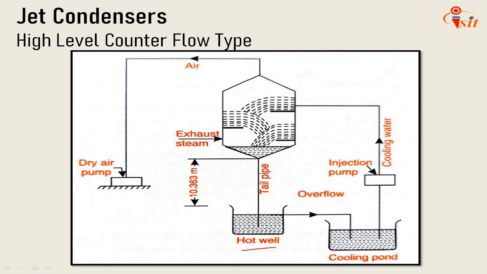From here 10 meters the shell is placed, and thus the necessity of providing an extraction pump can be eliminated. However, the provision of an injection pump here has to be made if water under pressure is not available. Okay, so that is the change in the high level condenser. Here we are not using an extraction pump.